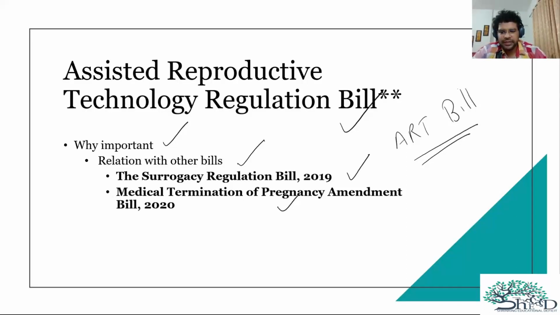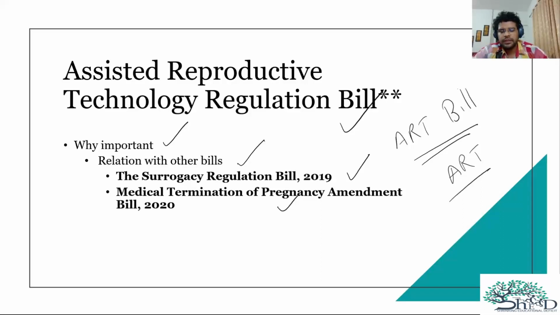The parliamentary committee which was analyzing the surrogacy bill said that you have to bring the ART bill before the surrogacy bill so that you can establish a regulatory mechanism for the ART clinics. All right. So the ART regulation bill is the first step to regulate the whole surrogacy sector, because we need a proper database of clinics. We need a way to properly manage them.